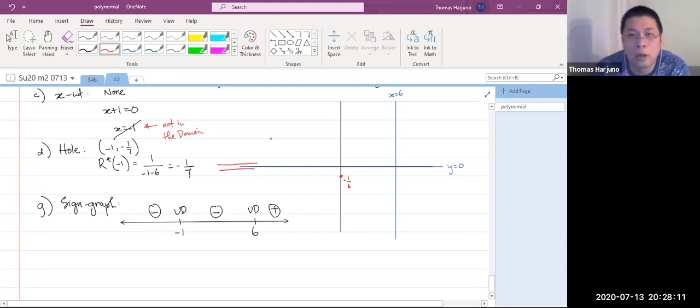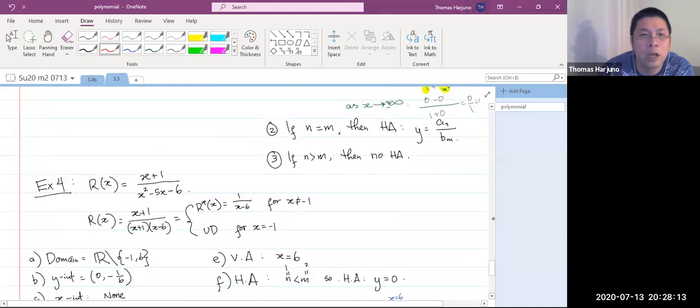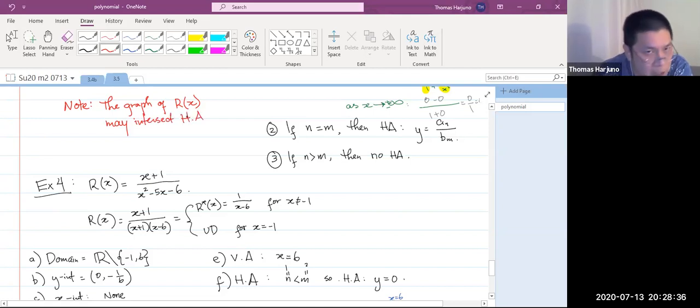Well, I think I need to put a note that the graph of R(x) may intersect the horizontal asymptote. You cannot intersect a vertical asymptote, but a horizontal asymptote is possible.